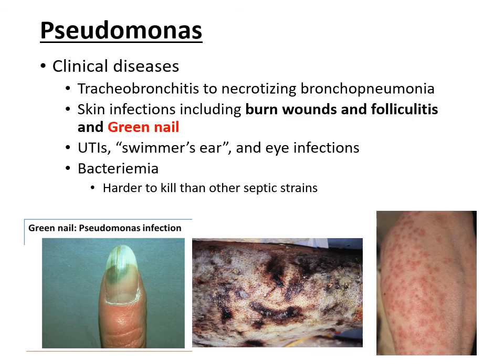But like I said, the big problem with Pseudomonas is it does have the ability to get into your bloodstream, and it's very resistant, which means it can cause big time problems with sepsis. So I want you to picture certain things like green nail, like hospital flowers, pools, hot tubs. When you think of these things, think of Pseudomonas.